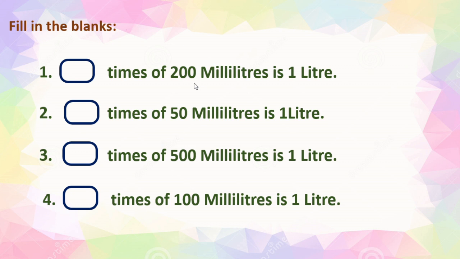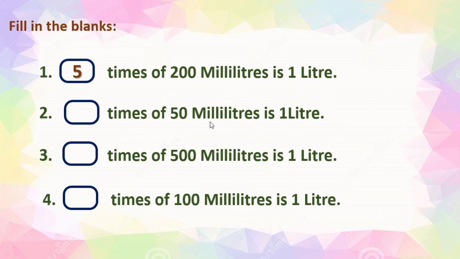Now we want to have 1 liter capacity, and we have a 200 milliliters measuring jar. Then how many times we have to use this? Yes, 200, 1 time, 200, 2 times. Yes, very good. 5 times we have to use this measuring jar to make 1 liter.